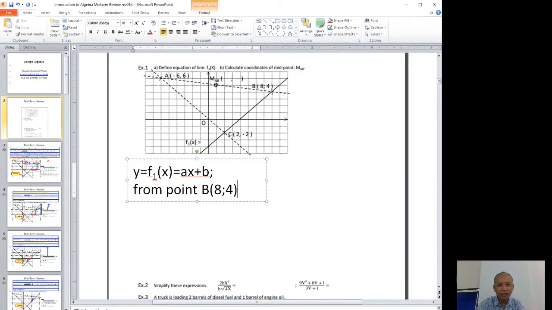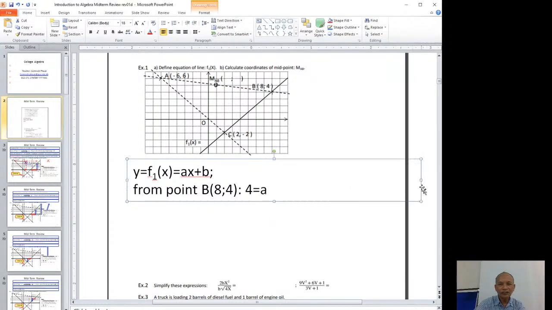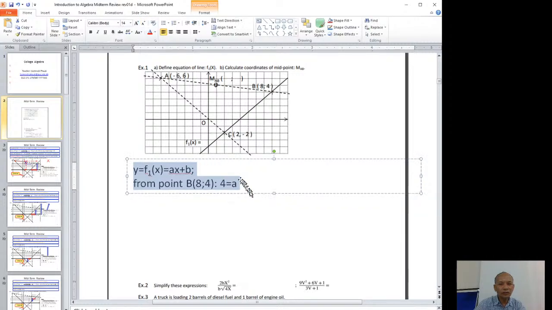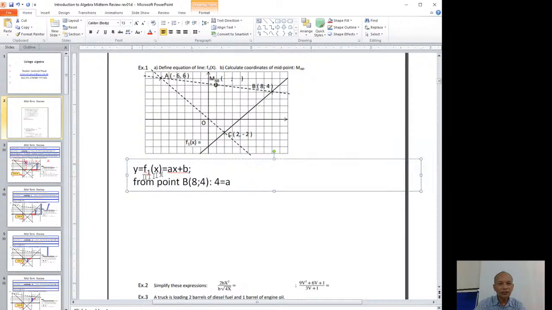From point B, we write: 4 is y, so y equals ax, a smaller. Okay, like this.